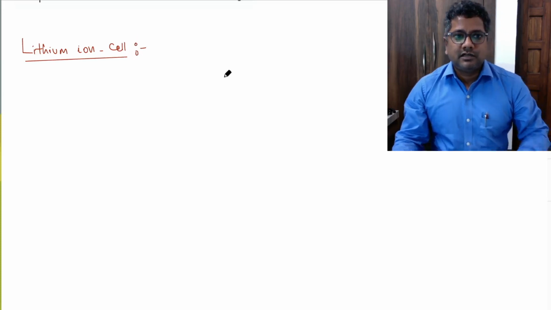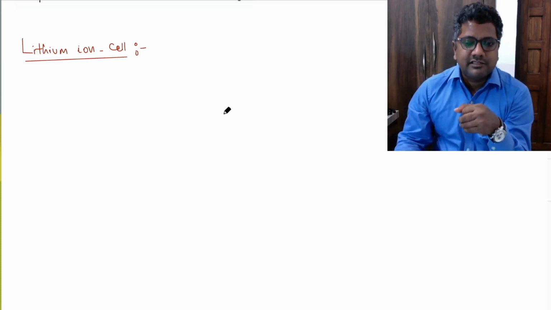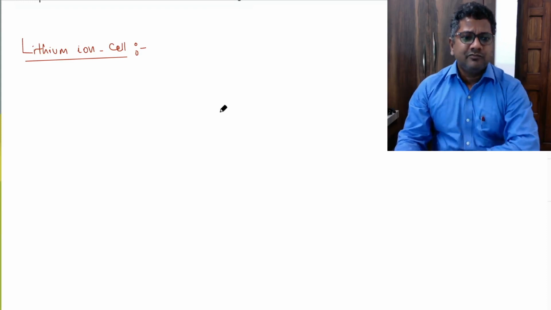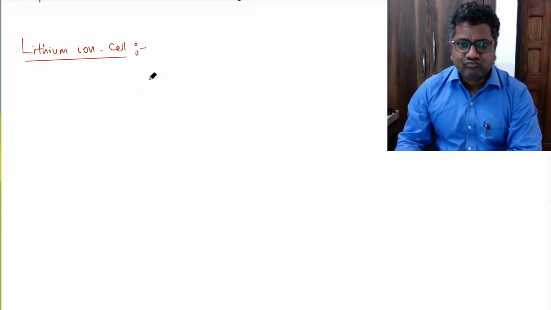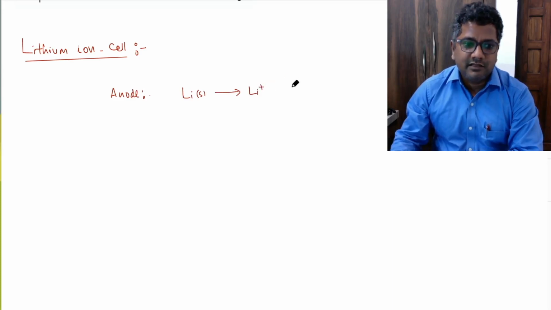I don't know exactly what is used nowadays, but I am telling you the basic fundamentals. See, what is the anode reaction here? The anode reaction is simple. Lithium solid is converted into lithium ion plus electron.